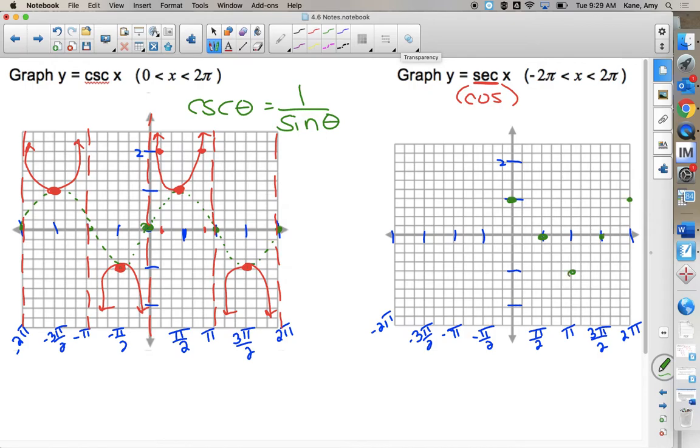It ends where it started, up high. And then on the other side, doing the same thing. It goes down and comes back up.